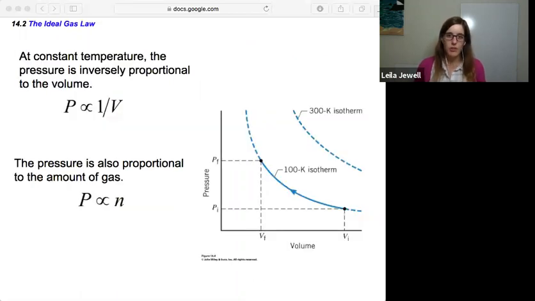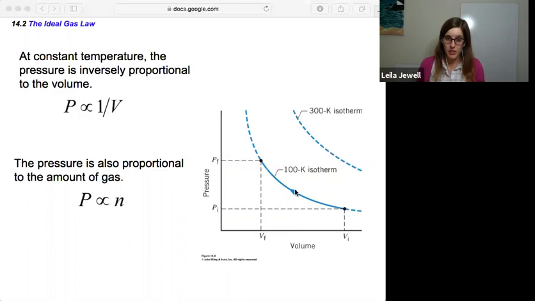Another change we can observe is what if we keep the temperature constant, but then increase or decrease the volume? What happens to the pressure of the gas then? Well, we find that as we decrease the volume, if we compress it, we actually get an increase in pressure. There's less space for the gas molecules to bounce around, and so the pressure goes up.